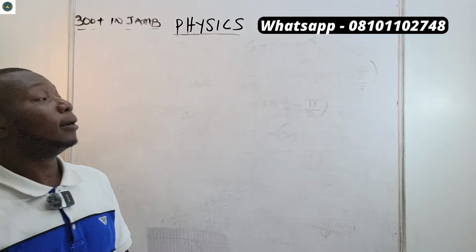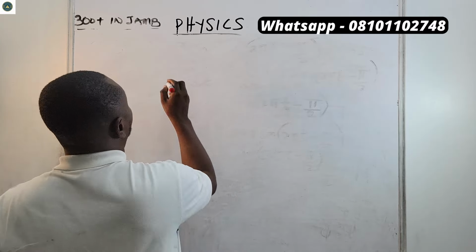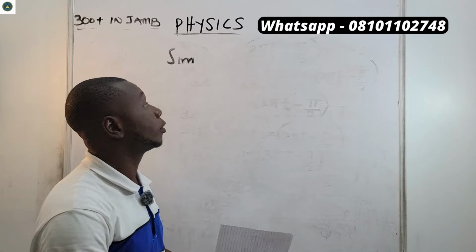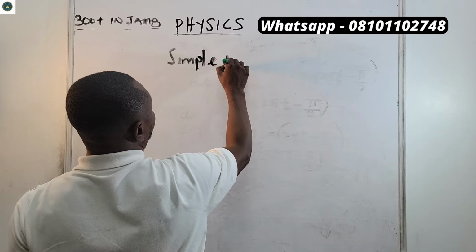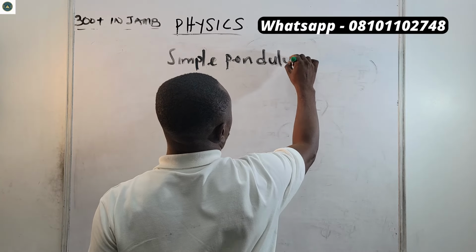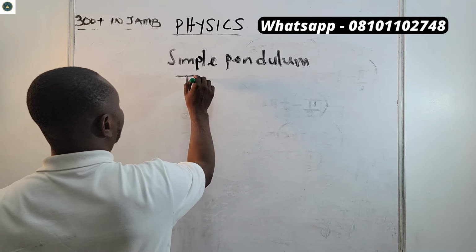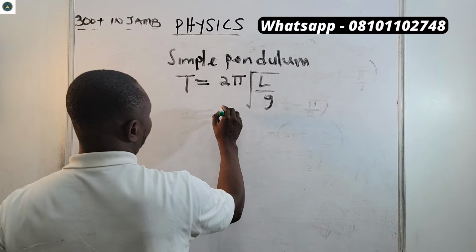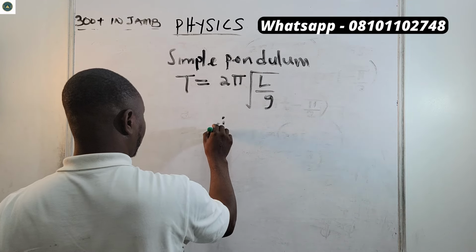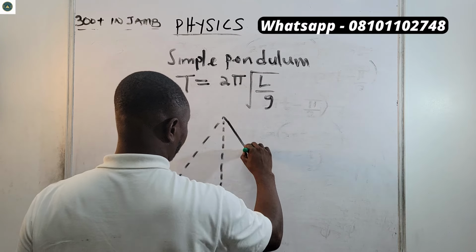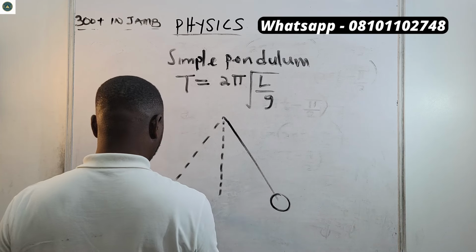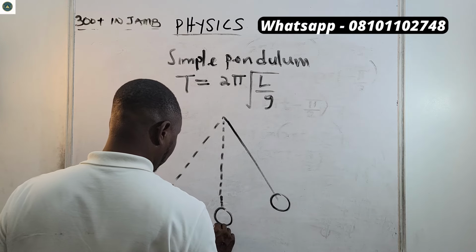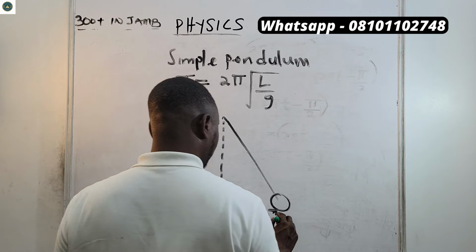For a simple pendulum, T is 2 pi root L over G. So this is the bulb.